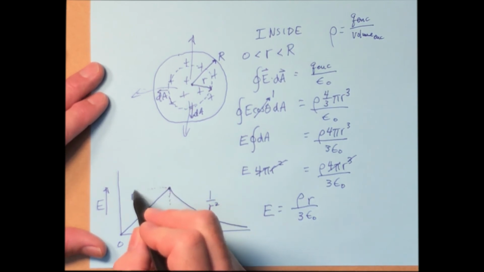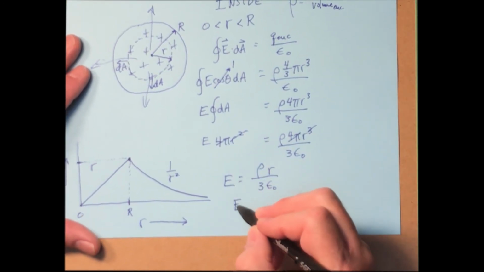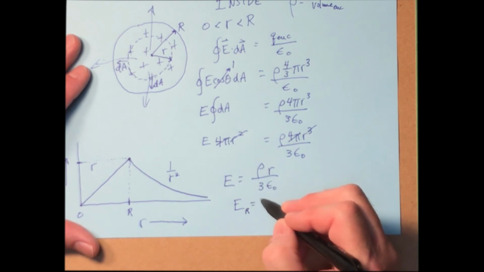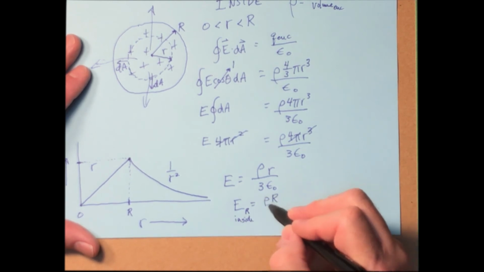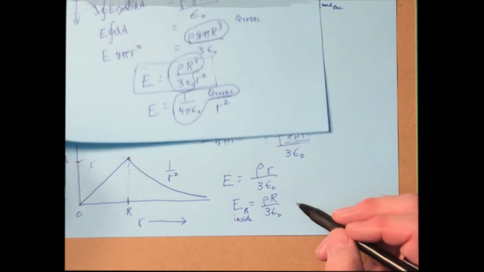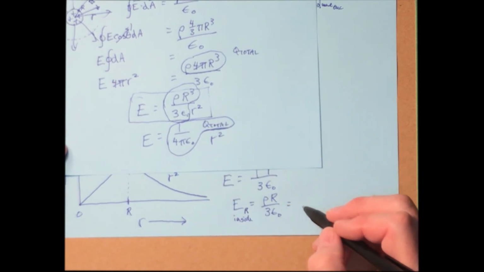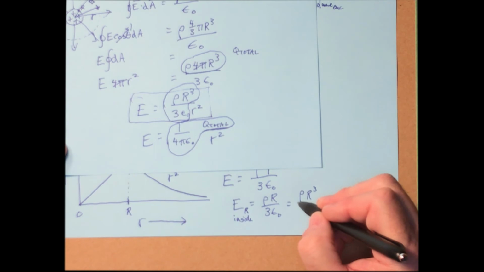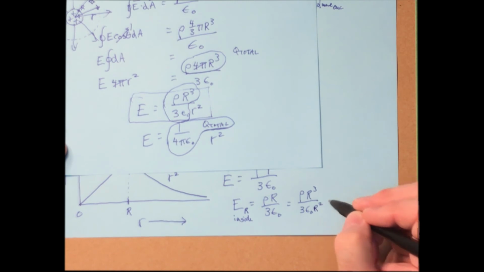So what is the value of E right at that point? Well, E at R has to be, for this one, on the inside, this is the inside E, rho big R over 3 epsilon naught. Let's look over here and say, well, that has to also equal E for R on the outside, which is rho big R cubed over 3 epsilon naught big R squared.